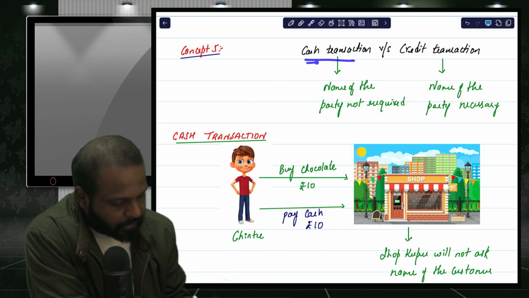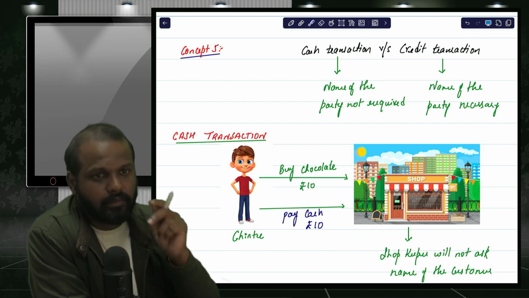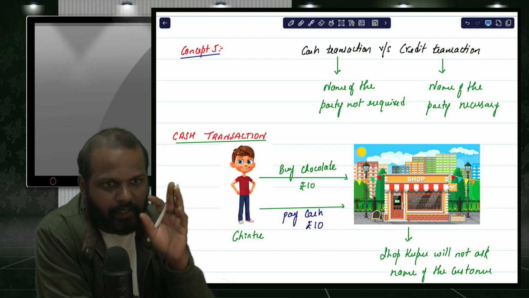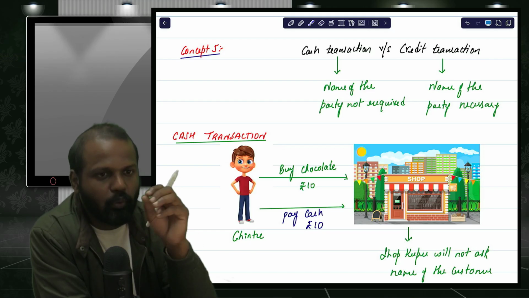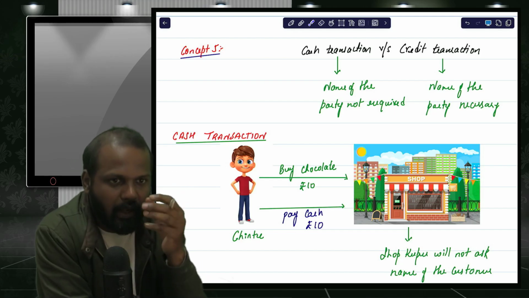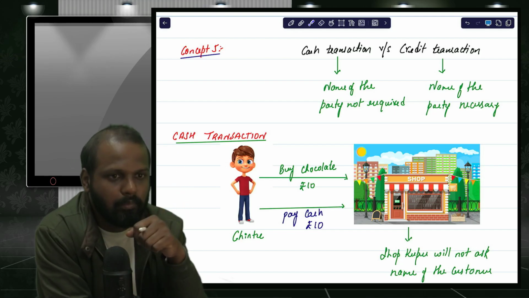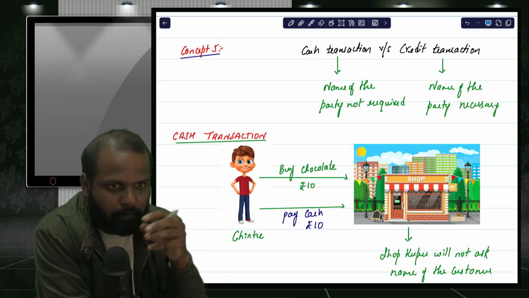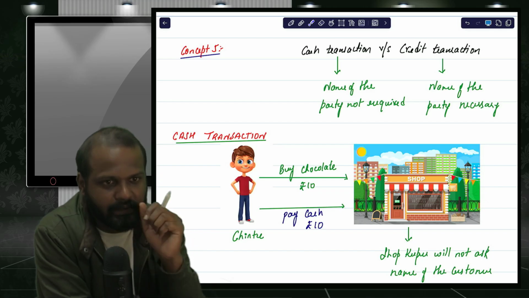So first we'll understand what you mean by cash transaction. Cash transaction means settlement of money is done immediately. Money is being paid or received immediately. Let's say I sold goods to the customer and I collected the money from the customer immediately, let it be through cash or through Google Pay or PhonePe.